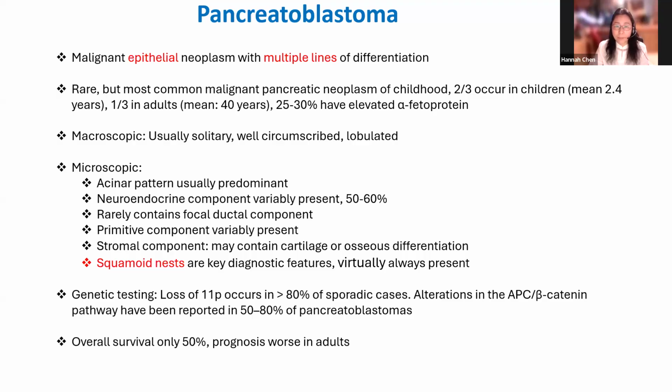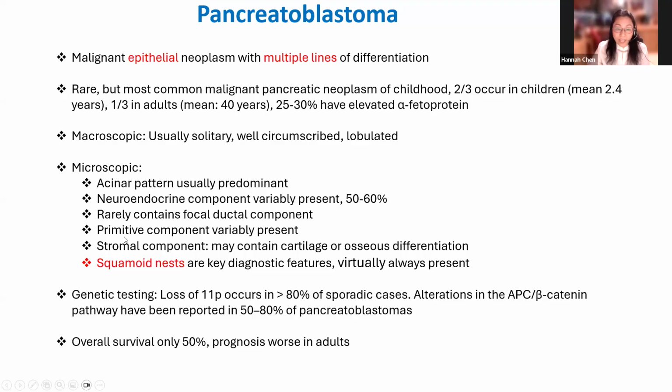Pancreatoblastoma is a malignant epithelial neoplasm with multiple lines of differentiation. It's rare. 2/3 occur in children, 1/3 occur in adults. But it's the most common malignant pancreatic neoplasm in children. It usually presents as a solitary, well-circumscribed mass. Microscopically, as I said, there is multi-lineage differentiation. It could have an acinar ACC component, neuroendocrine neoplasm component, ductal component, primitive component, stromal component.